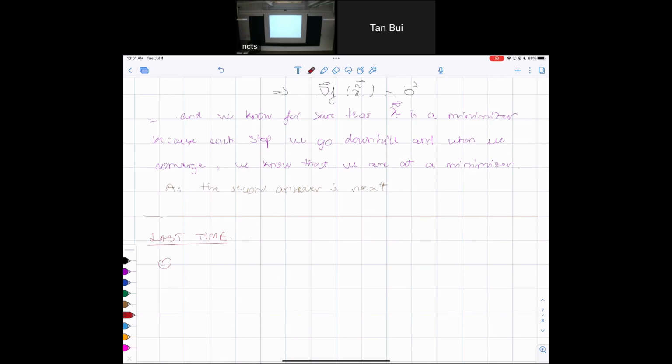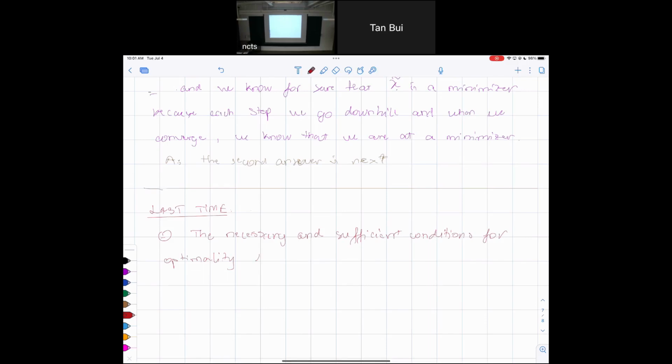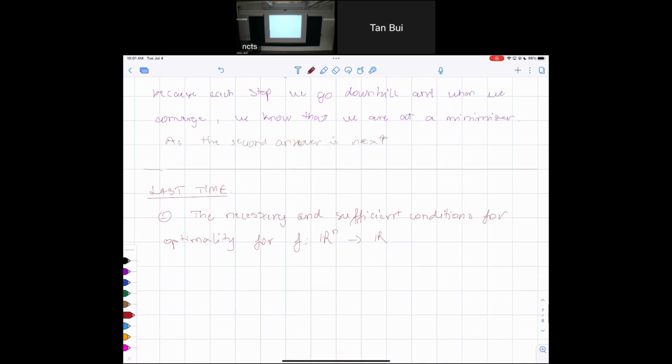Especially we looked at the first order necessary and sufficient conditions for optimality, for functions that take us from Rn to R. The second thing that we looked at is how to compute a local minimizer.